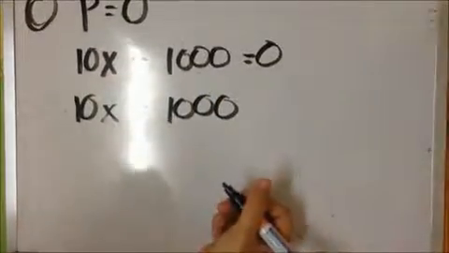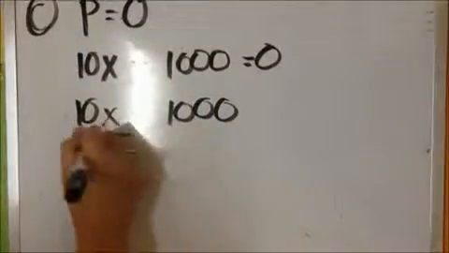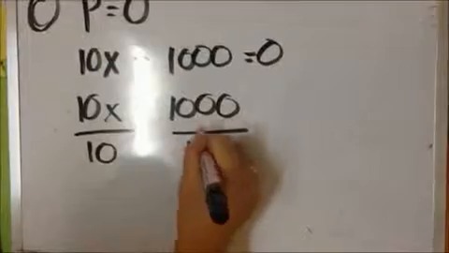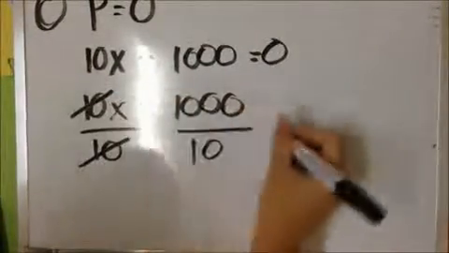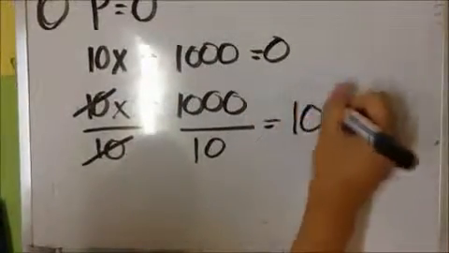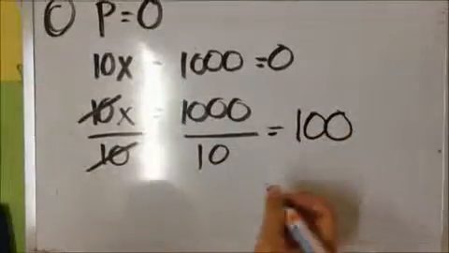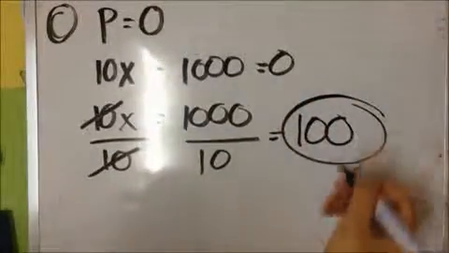To get X, we need to divide both sides by 10. And we would get 100. So the break-even point occurs if only 100 pairs of shoes were sold.